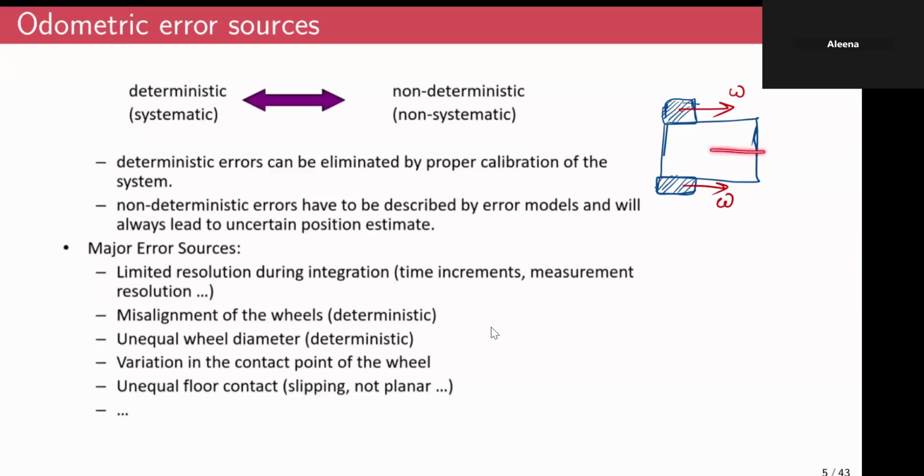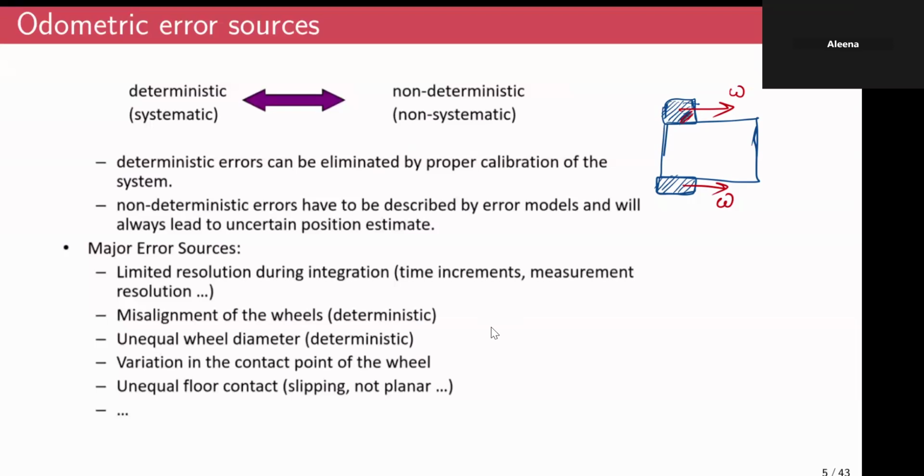We expect the robot to move forward in a single, constant direction. That is expected behavior, nothing surprising in that. But what happens if the radii of the wheels are not perfectly equal?